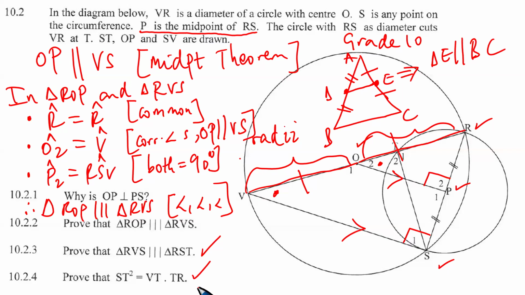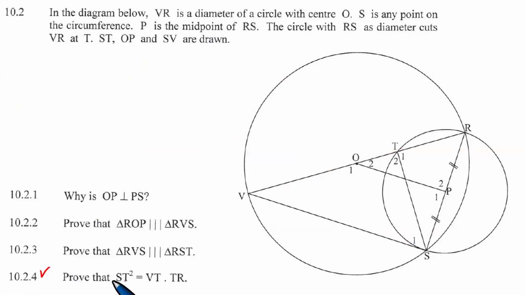Okay, so let us prove this one here. First things first, 10.2.4, we are required to prove that ST squared is equal to VT dot TR.